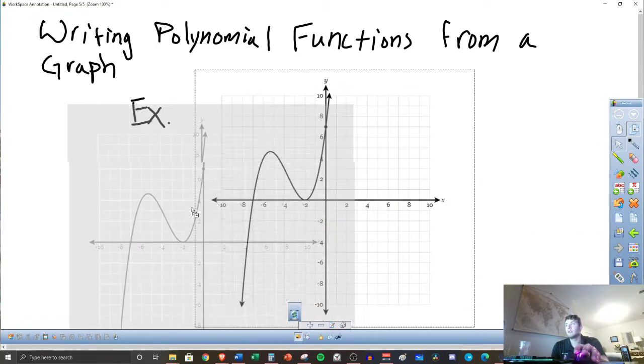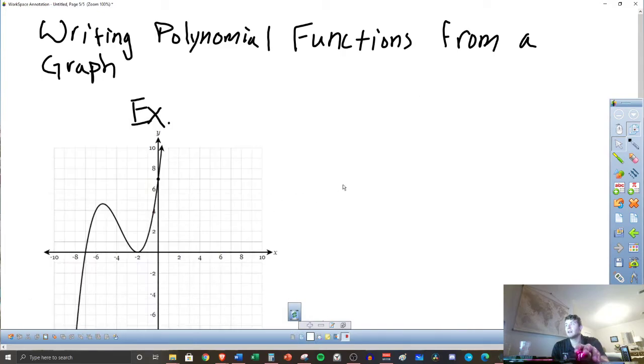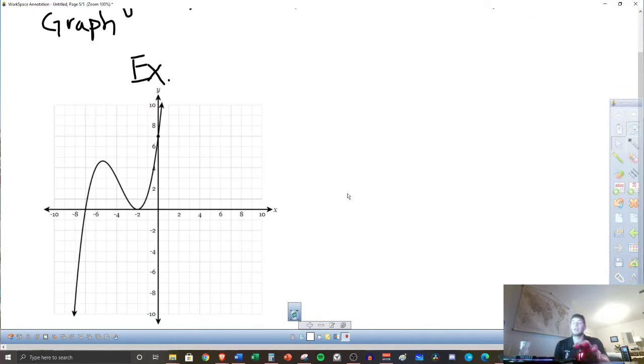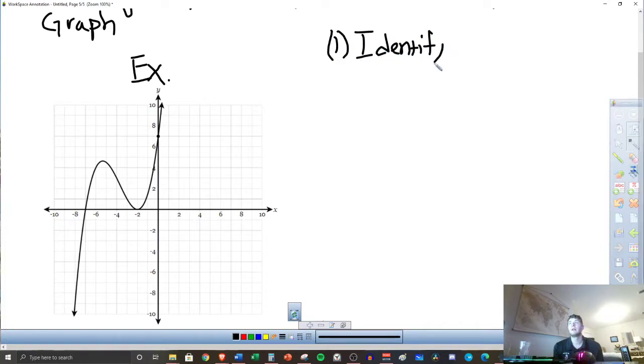So I'm going to move this graph down a little bit, and we're going to go ahead and go through our steps. There's three steps that we need to consider when we're trying to write the function. First off, we want to identify x-intercepts and multiplicities.